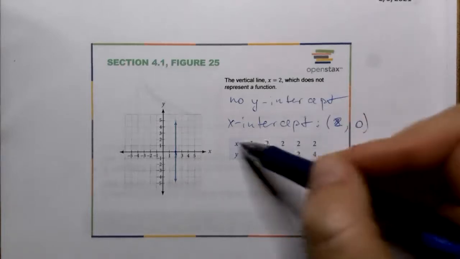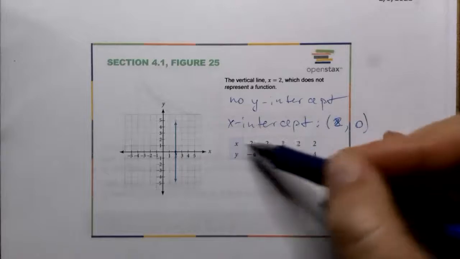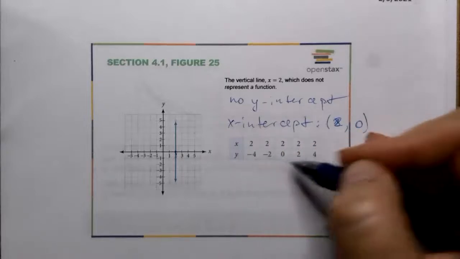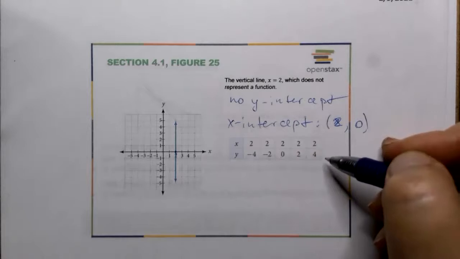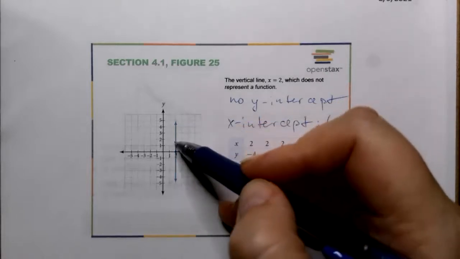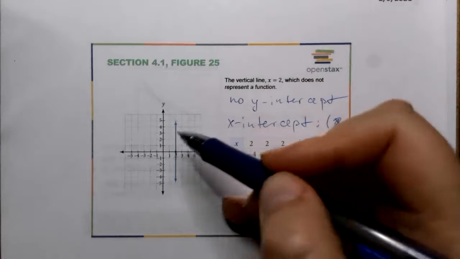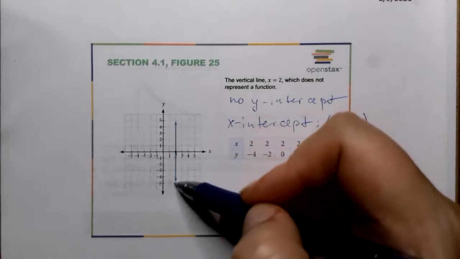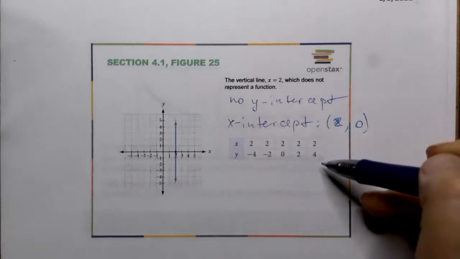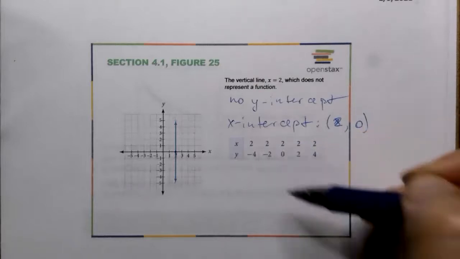It's constant in the x department. So no choice for x, but y on the other hand can be anything. So it's (2, 2), (2, -5), and so forth. So y is anything, x is always 2.